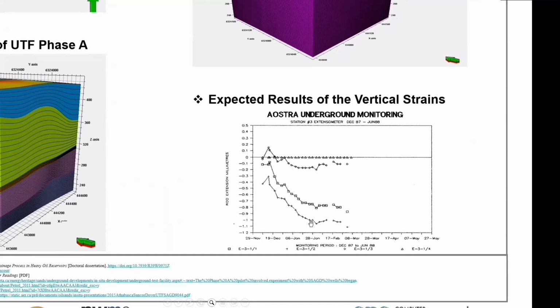This response represents a dilation response, as negative sign means extension, and that's the graph we expect to get as a final result of including the formation and analyzing its response. Then after analyzing that, we can decide on whether this dilation plays any kind of role on the behavior of the SAGD process.